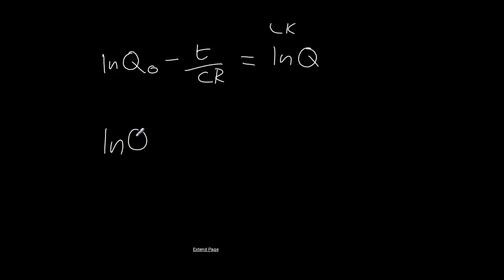Natural logarithm of Q equals minus t over CR plus the natural logarithm of the original amount of charge.